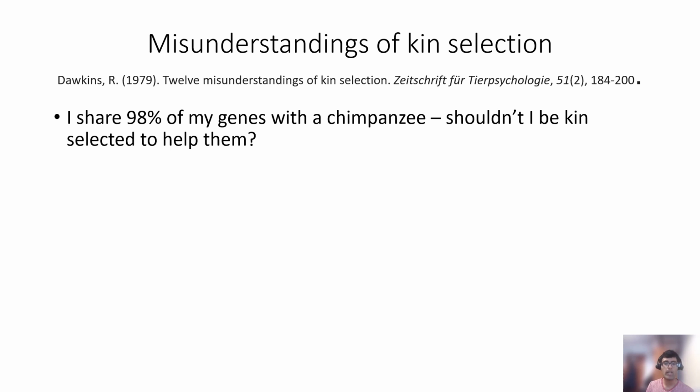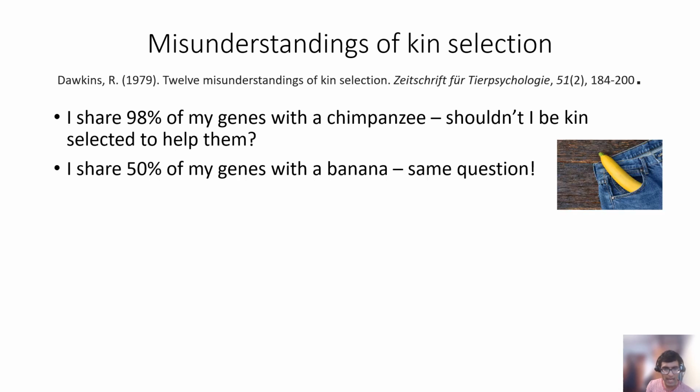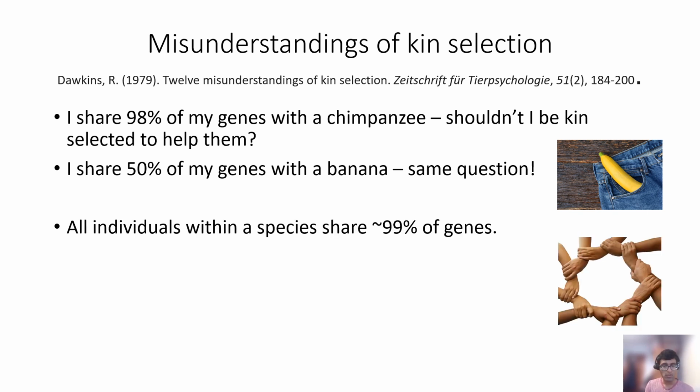That is, I share 98% of my genes with a chimpanzee, so shouldn't I be kin selected to help chimpanzees? And actually, I share 50% of my genes with a banana. And if my relatedness to my sibling is 50%, isn't my relatedness to a banana 50%? Shouldn't I then be selected to help the banana? And certainly not eat it.